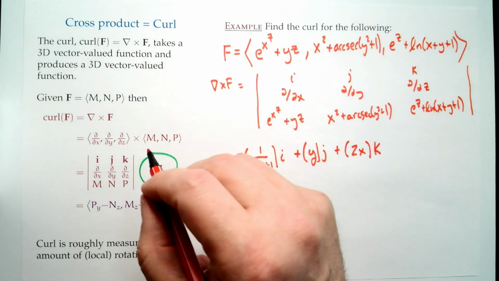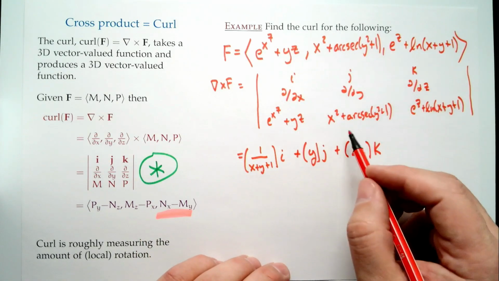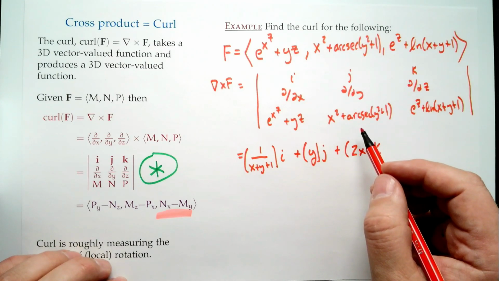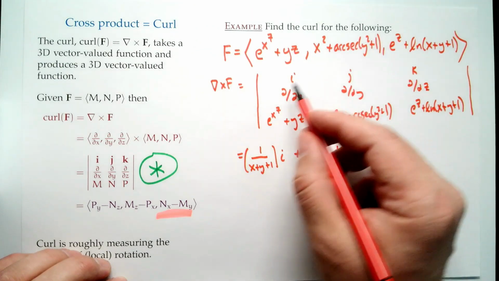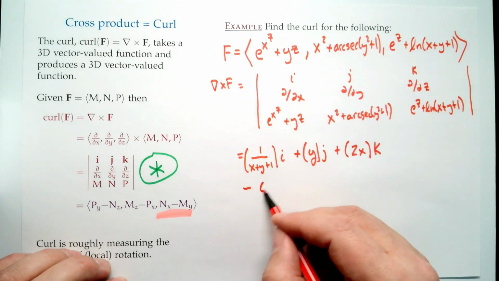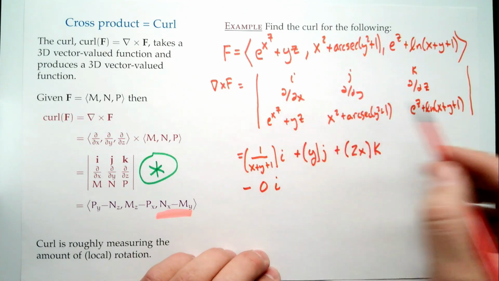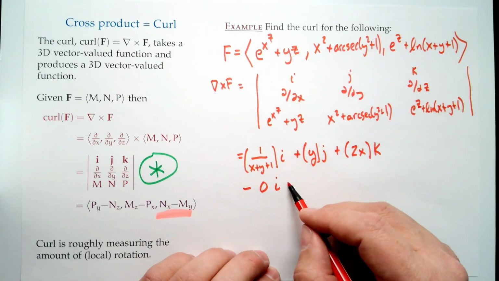All right, I've done my downward diagonals, down to the right. Now I'm going to do down to the left. So I, partial z of x squared plus arc secant of y squared plus 1 is 0, because there's no z here. So that's I, and so subtract 0i. Then I'm going to do j, partial x of e to the z plus log of x plus y plus 1.